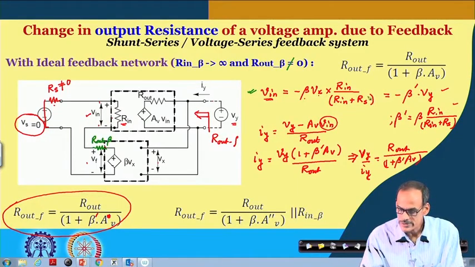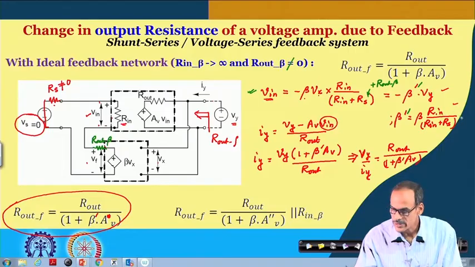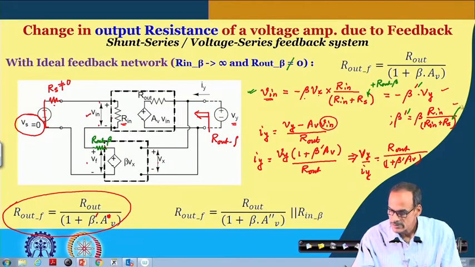So, along with this we need to put plus R out of beta, and the corresponding beta we can call beta double dashed, where the beta double dashed expression is beta into R in divided by R in plus R s plus R out beta.